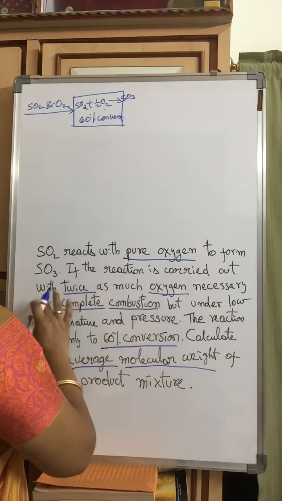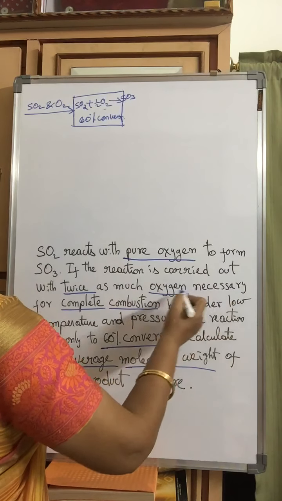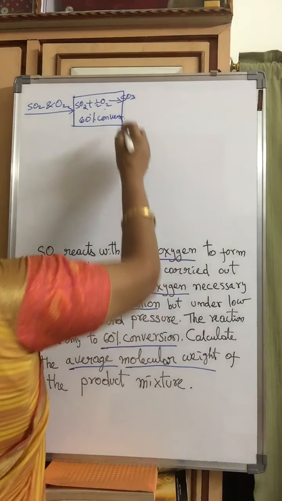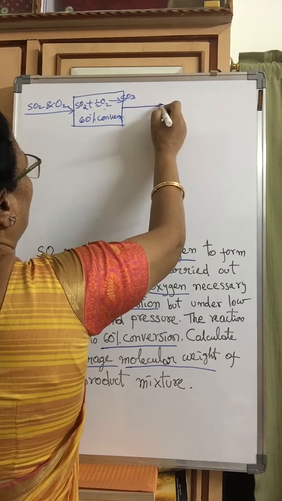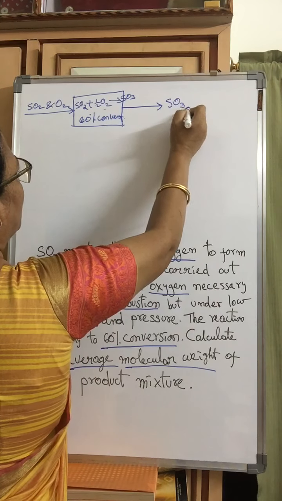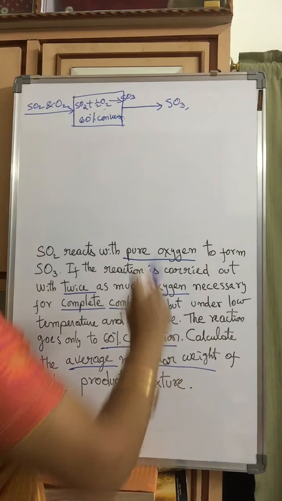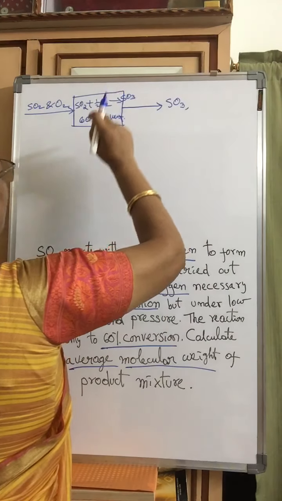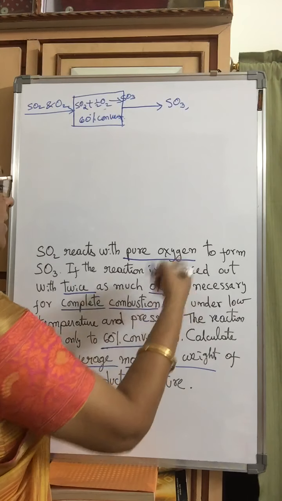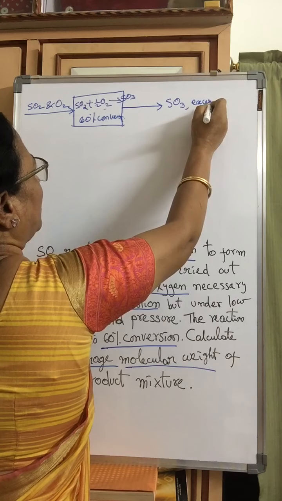Because it is given that it is pure oxygen, there is no nitrogen here. The sentence about the reaction being carried out twice as much is to calculate the oxygen amount that is supplied. Now, what are the products that are formed? First, list out all the components that are forming. The actual product SO3 will form, and oxygen is supplied in excess, so that excess oxygen will be leaving.